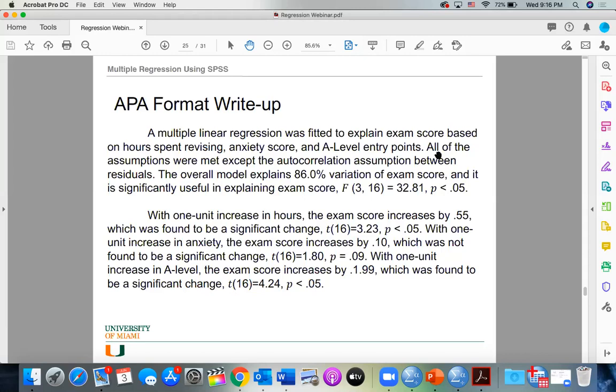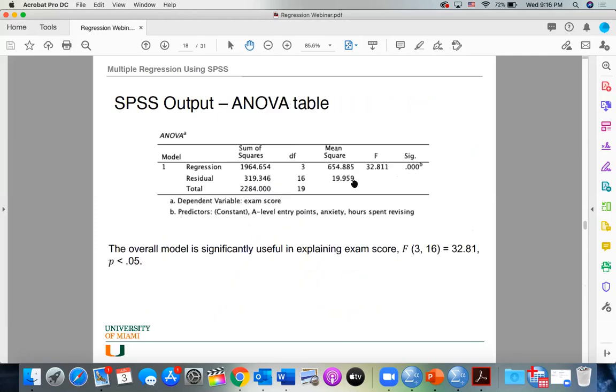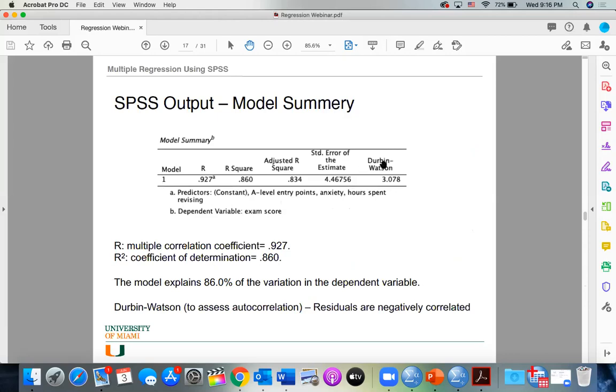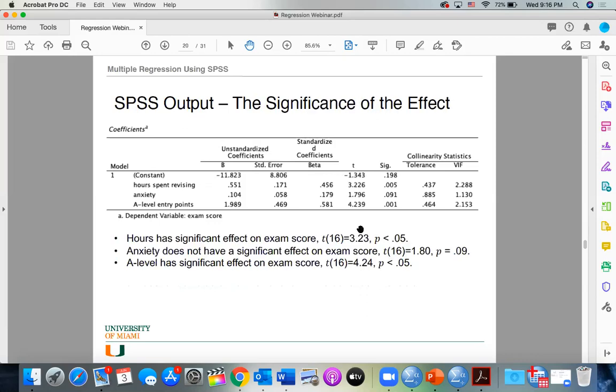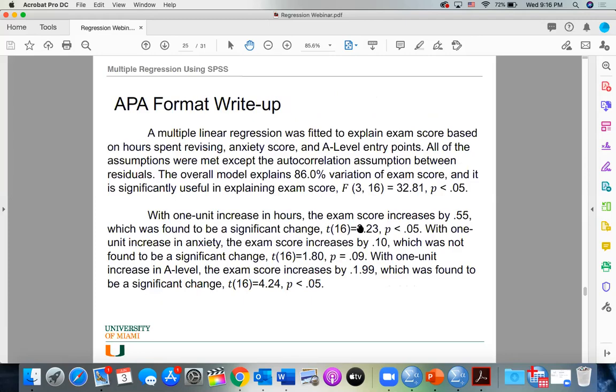All of the assumptions were met except the autocorrelation assumption between residuals, we get the result from the Durbin-Watson statistic, if you remember. I said that from my perspective, this is a violation. So it depends on the researcher himself, I would say, and the resource or the reference that you have.